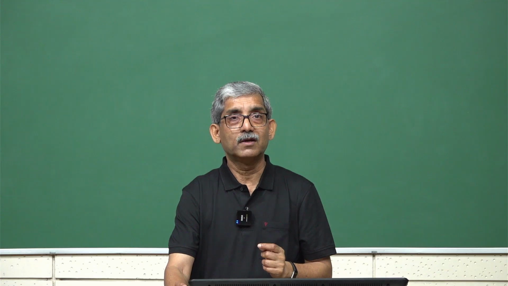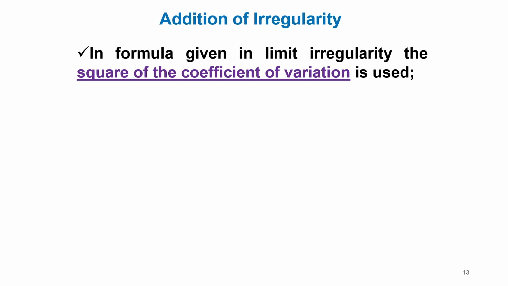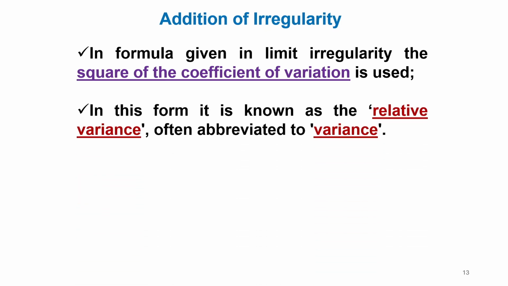In the formula given in the limit irregularity, the square of the coefficient of variation is used. Basically, addition is not done based on the coefficient of variation, we cannot add that, but we can add the variance.